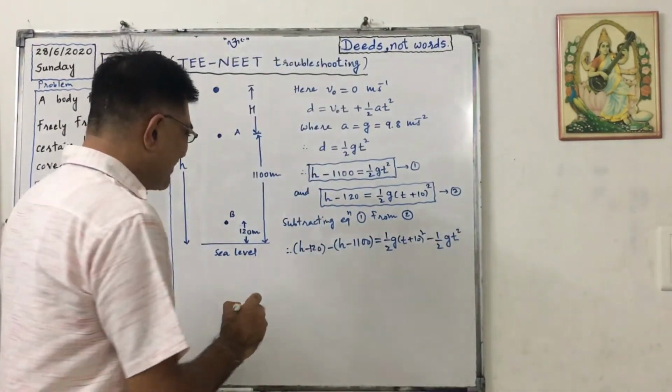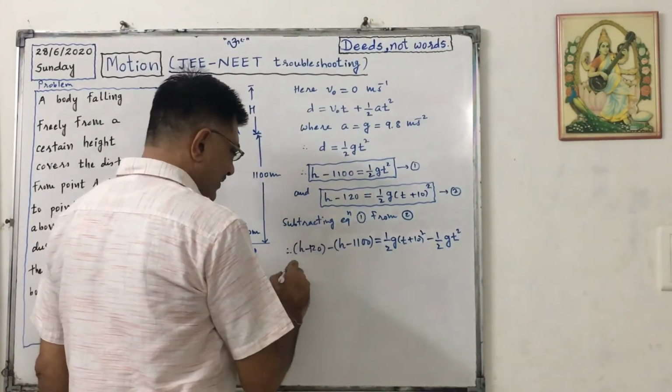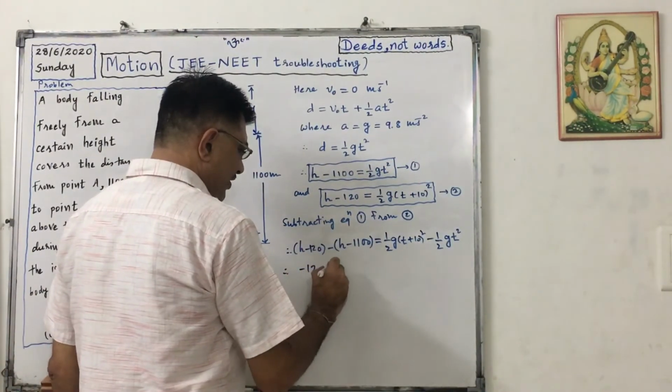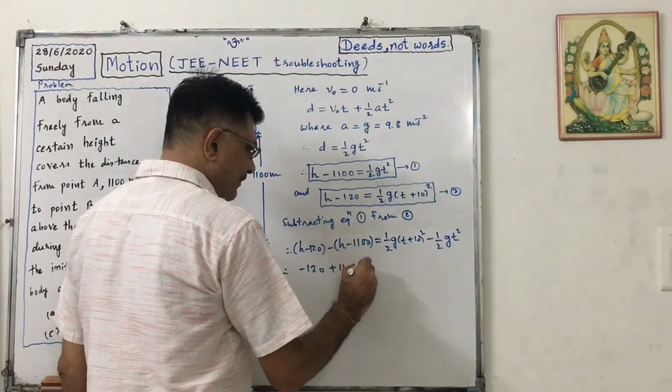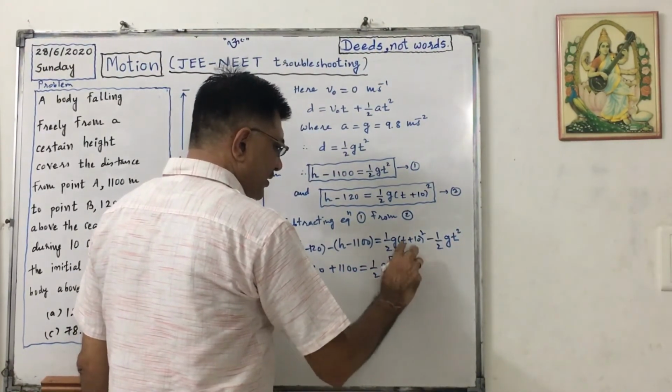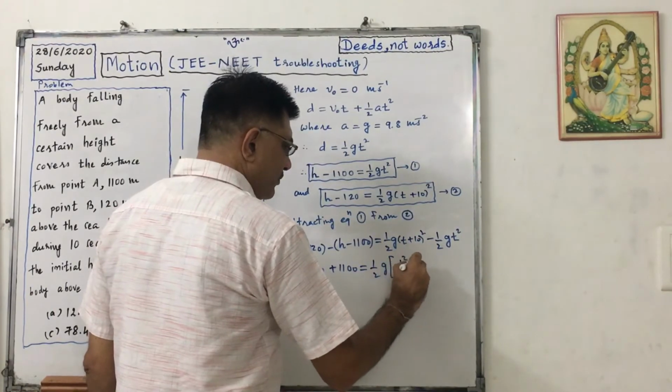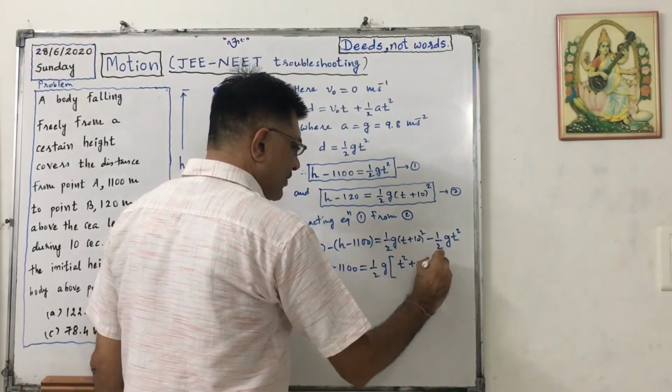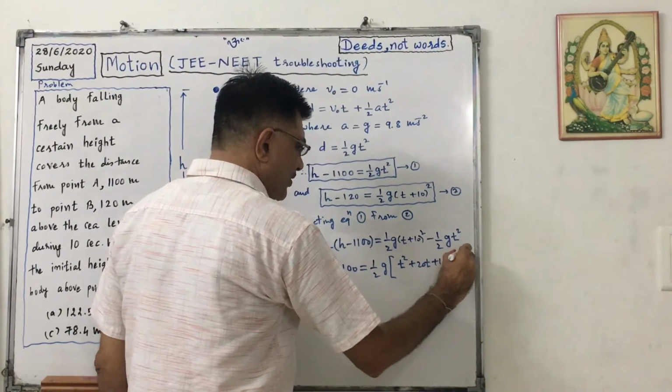So this h will be cancelled. This is minus 120 plus 1100. This 1 by 2 g is taken common. (t plus 10) whole square will be equal to t square plus 20 t plus 100 minus t square.